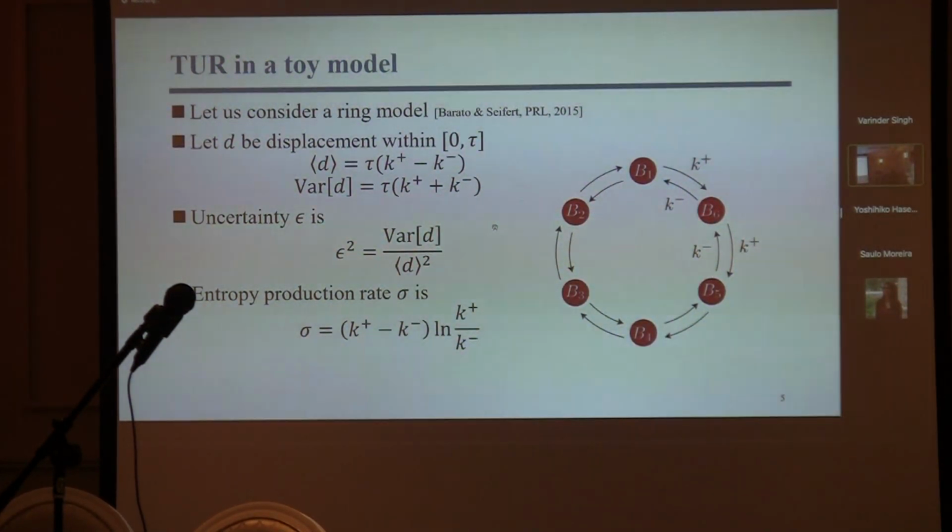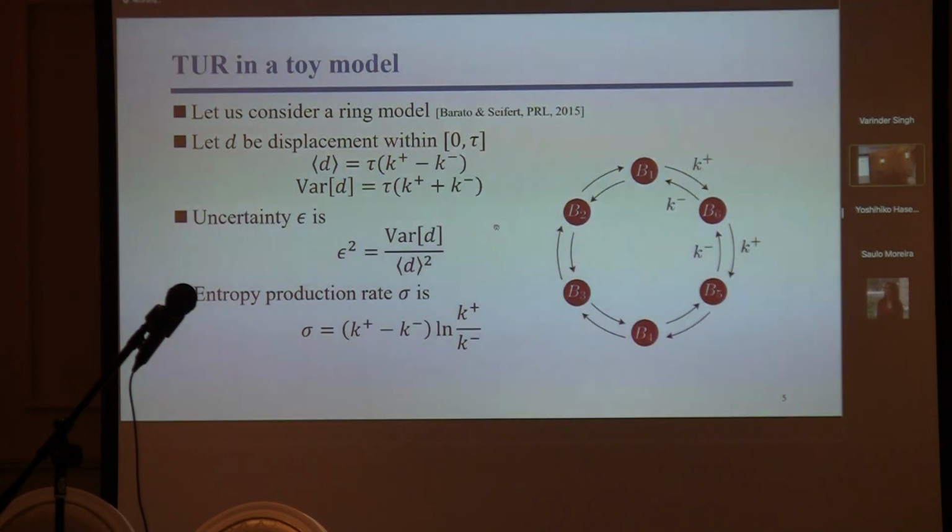Because this is a simple random walk, the average is given by this one, and the variance is given by this one. The uncertainty, epsilon, can be quantified by the variance divided by the squared mean. And for this simple case, the entropy production rate can be evaluated by this simple equation.